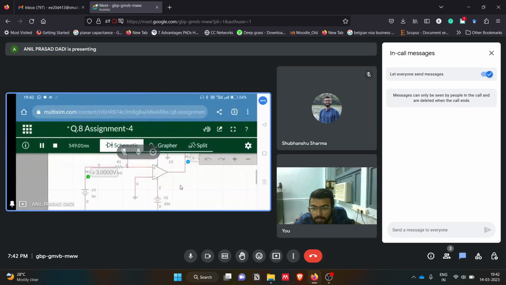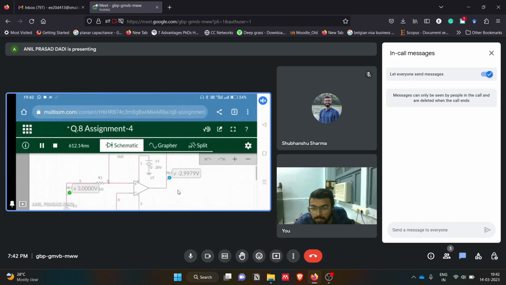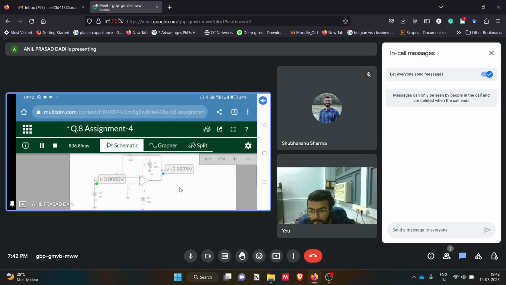This is fine. 0 volts. 0 volts. Oh, this is possible.